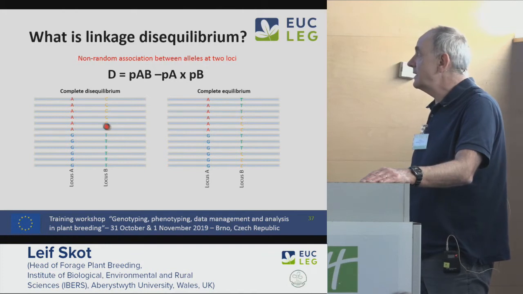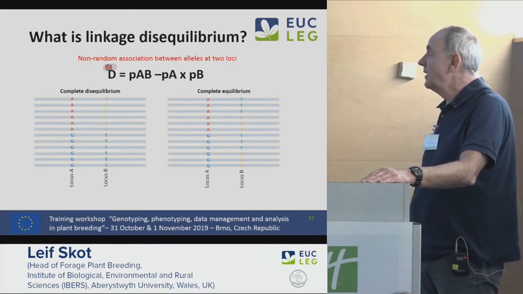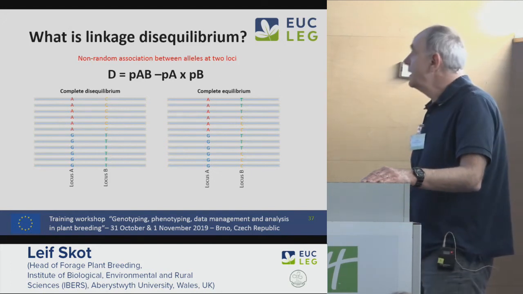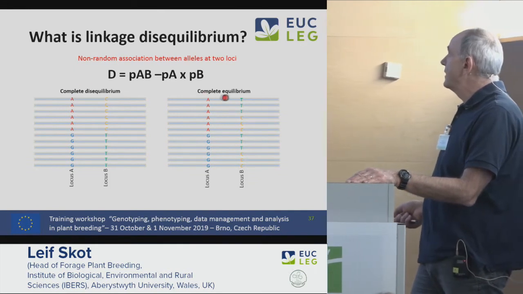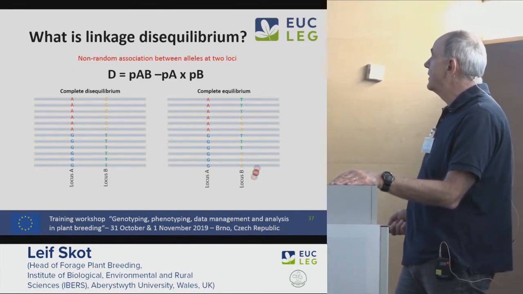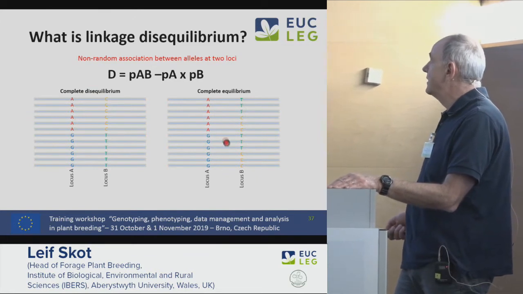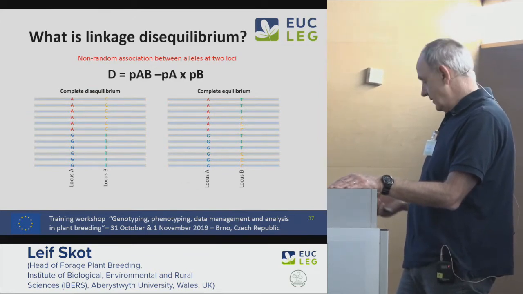This is complete disequilibrium, where you have markers on different chromosomes that are completely associated. But here on the right, you have complete equilibrium, where you have a random association between the alleles at the different loci.